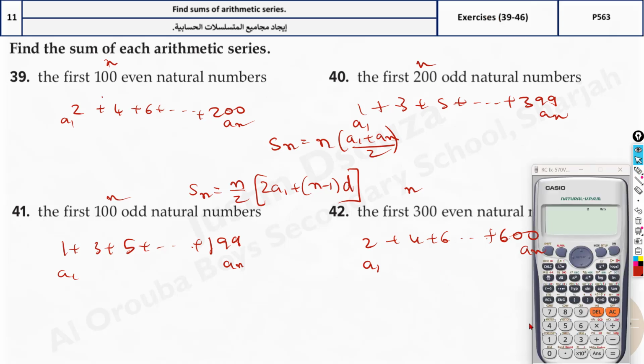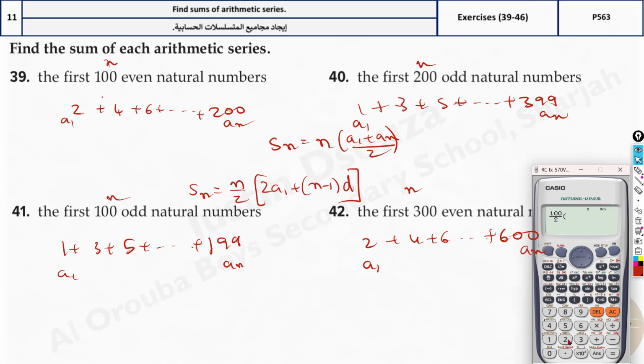Over here, the first one, n is 100 multiplied with first term, that is 2 plus the last term 200, by 2. The answer is 10,100. But now let me do the second formula as well, and I'll show it'll be the same. It'll be again 100 divided by 2.